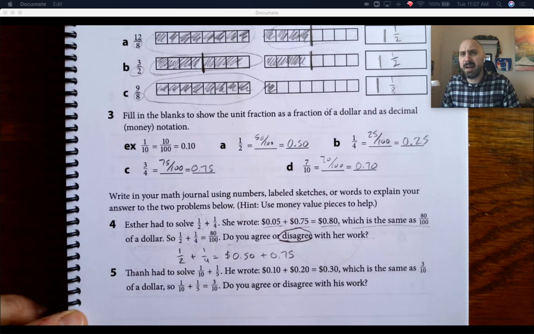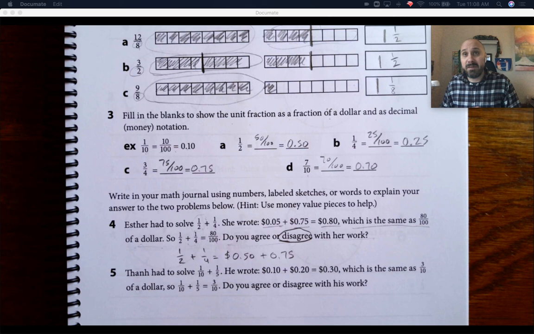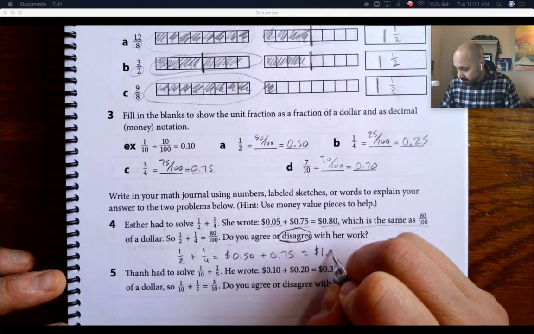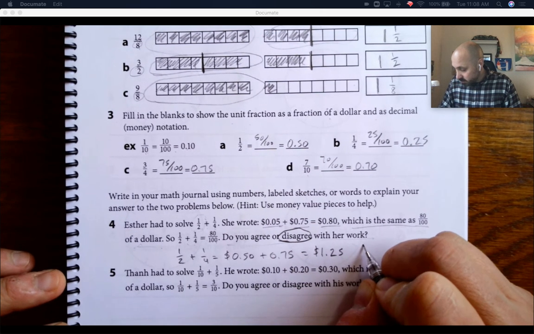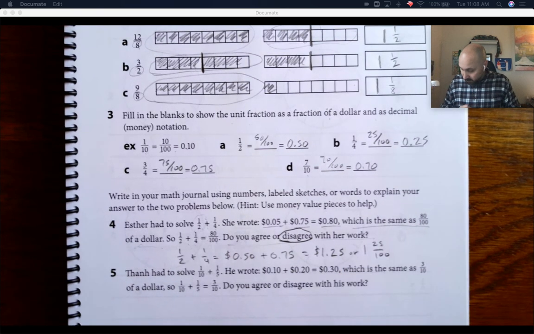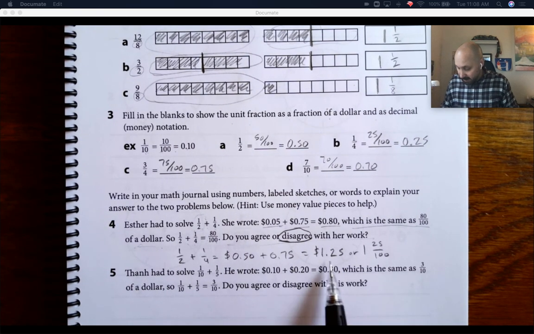And 50 plus 75 is, let's see, 50 plus 50 is $1. Then we have an extra quarter. So really it's $1.25, right? Or 1 and 25 hundredths. So we did both the decimal and the fraction.